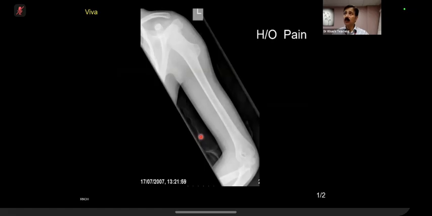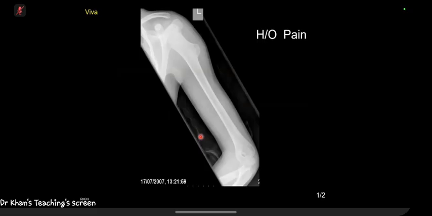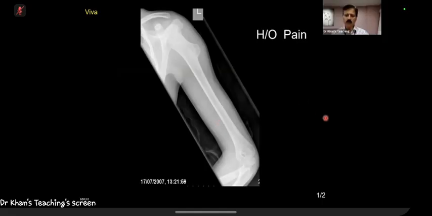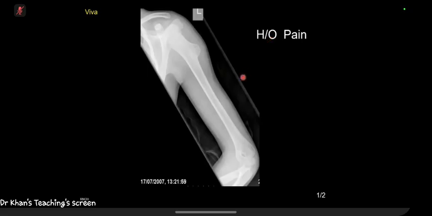Candidate 3, can you raise your hand, please? Thank you, candidate 3. Okay, so candidate 3, this patient has got an osteochondroma.